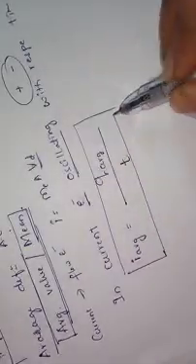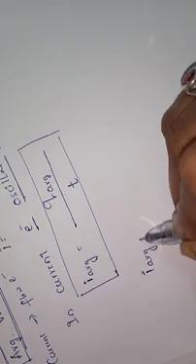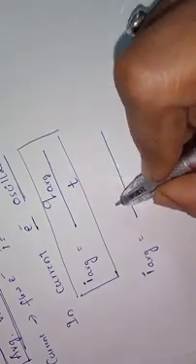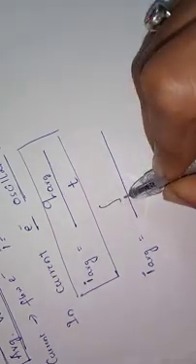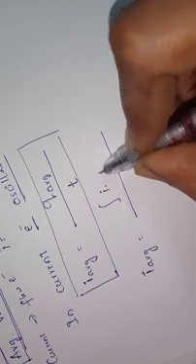This is what we have learned in elementary classes. In degree classes we can write it in integral form, that is I average equals q. How can we write q? Here we are taking a certain limit, integration of I dt.